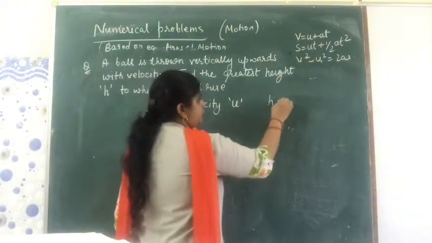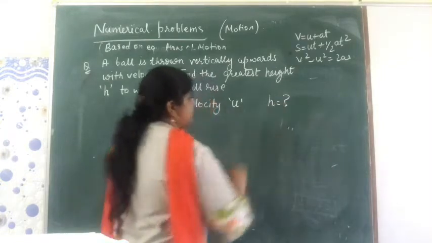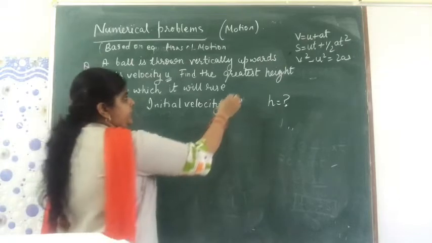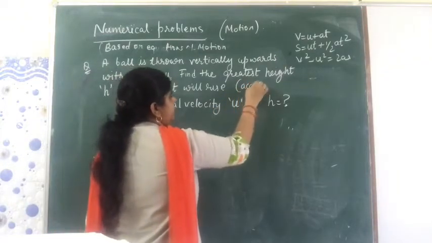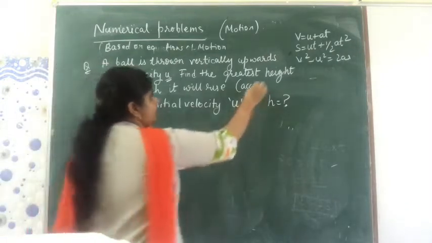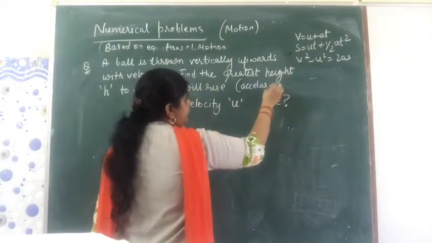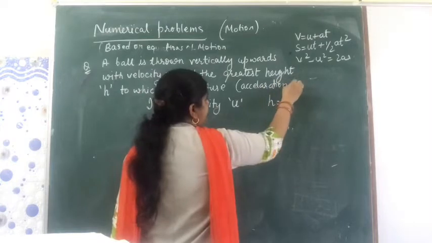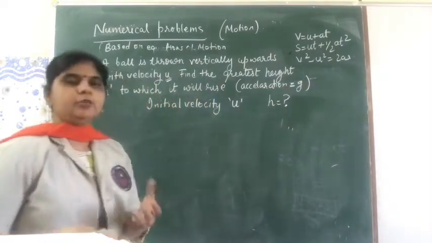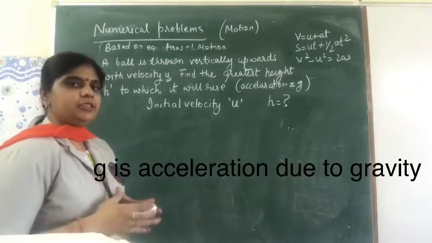So I need to find out the height. And what is the acceleration? When you are throwing a ball upwards, we use the value g as the acceleration a.